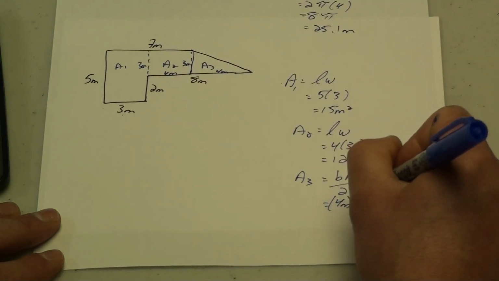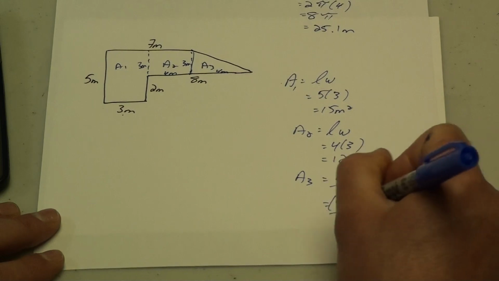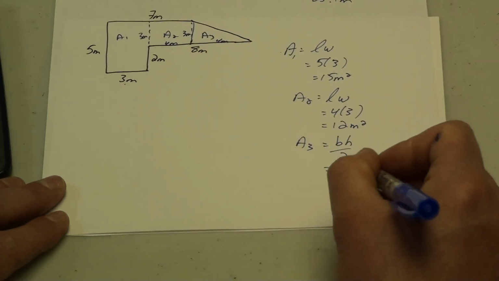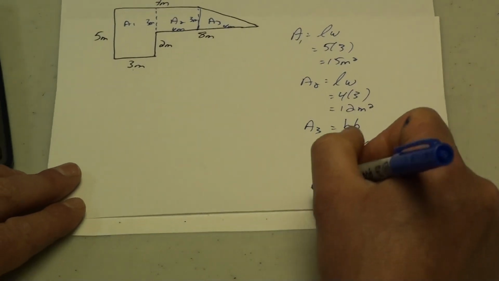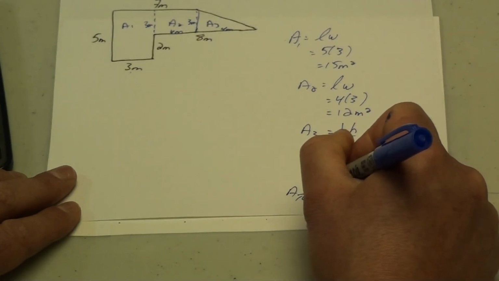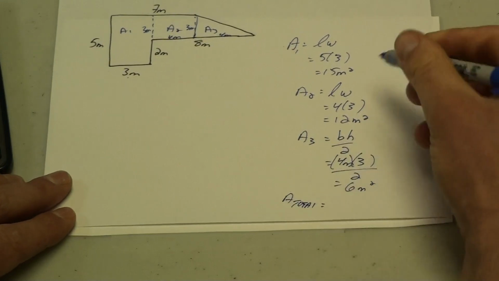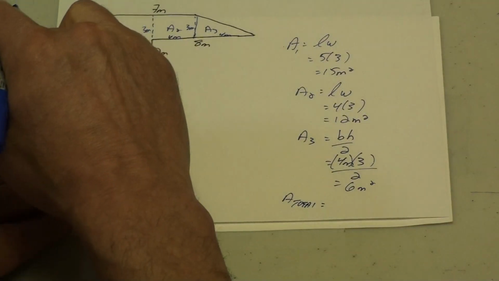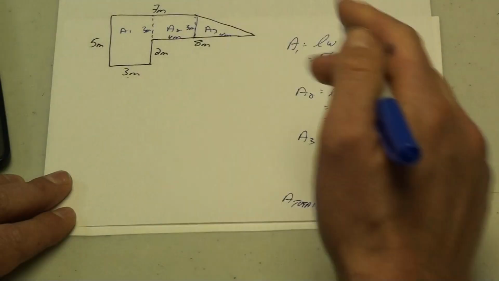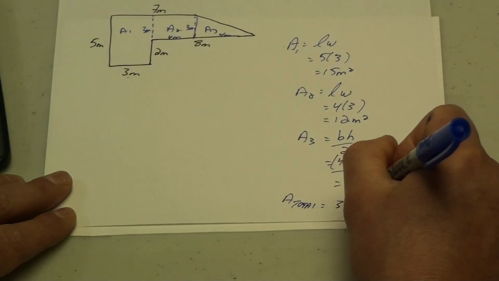So 4 for my base, 3 for my height, divide by 2. 4 times 3 is 12, divided by 2 is 6 meters squared. So my total area is 15 plus 12 plus 6. 15 plus 12 plus 6 is 33 meters squared.